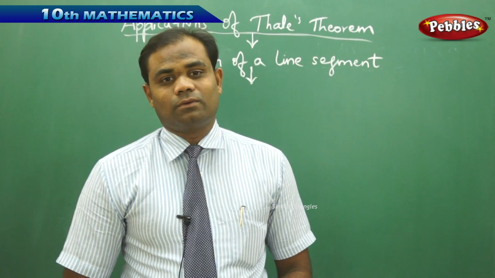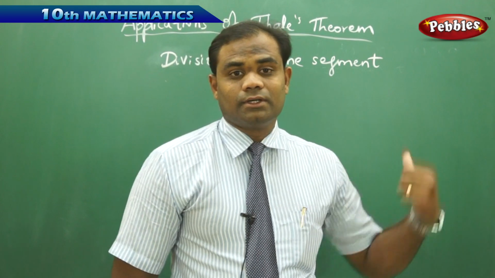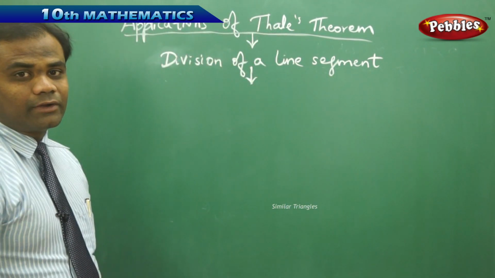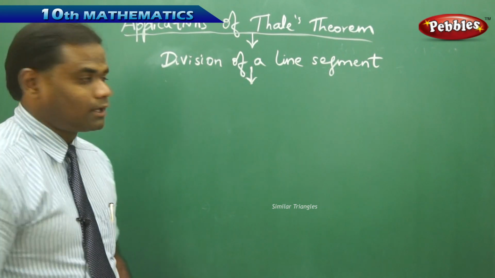So let's see how we can divide a line segment into the desired ratio using the Thales theorem. So, division of a line segment in the desired ratio. First, initially, let me consider the line segment AB.